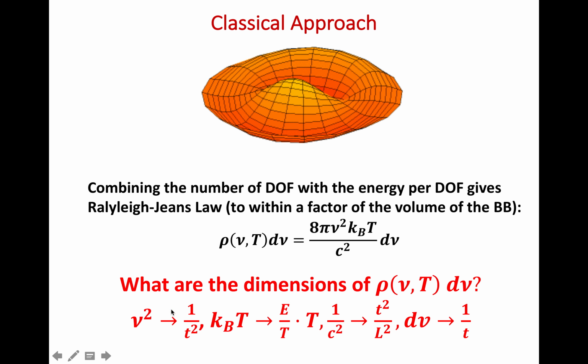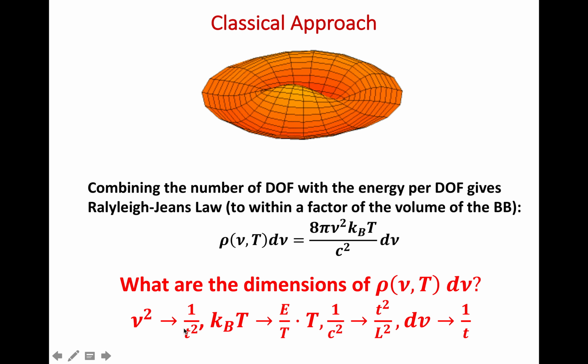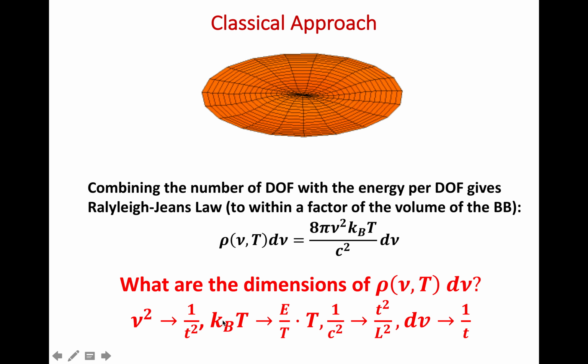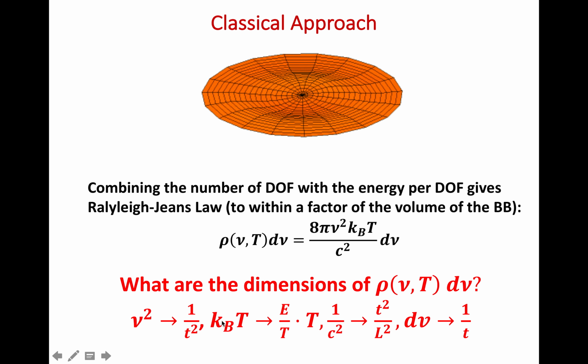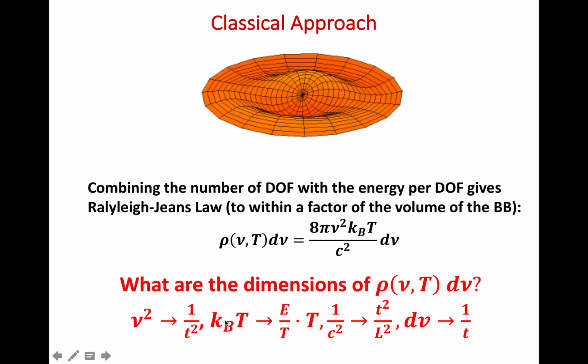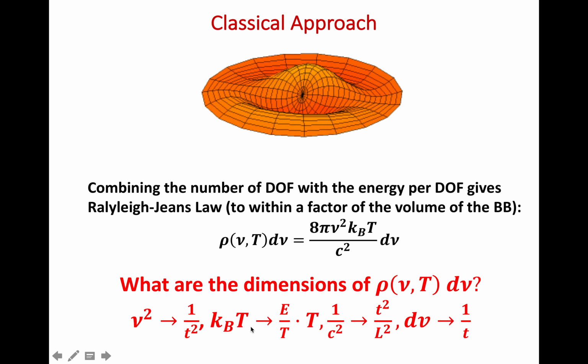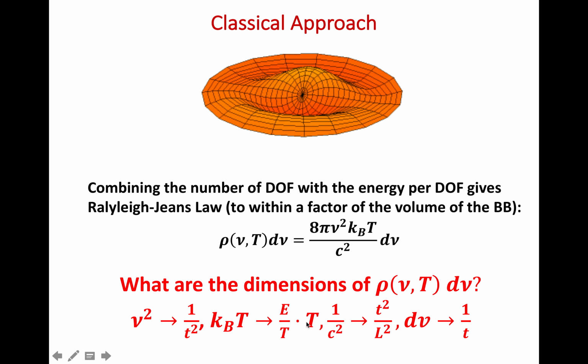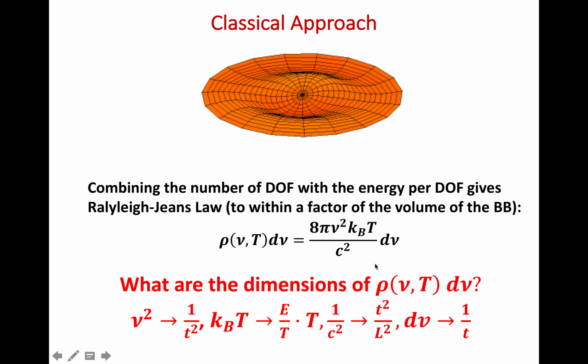Nu squared, frequency squared, of course frequency is 1 over time, so frequency squared is 1 over time squared. kBT, so remember Boltzmann's constant is energy per temperature, and T is obviously temperature. So overall, I've got energy comes from kBT. Energy over temperature times temperature is going to give me just energy.